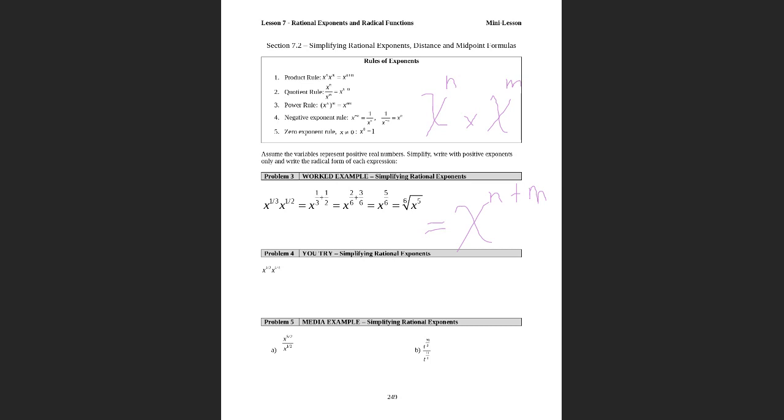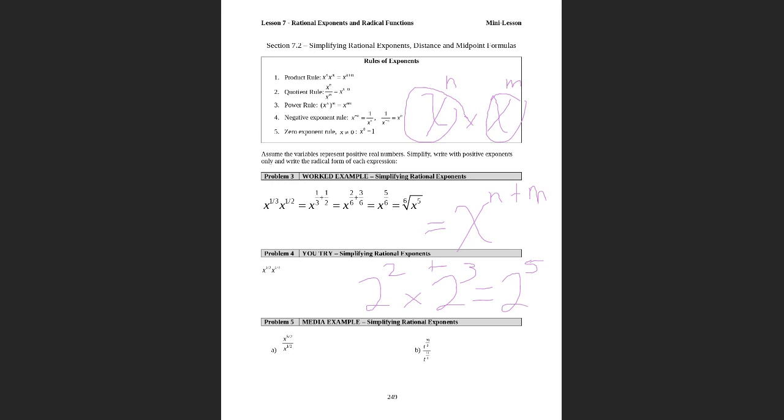It should allow me to add the exponents. So when I have the same base, an example of this is 2 to the power 2 times 2 to the power 3. It's not plus, it's times. This gives me 2 to the power 5. Why? Because I add the exponents.